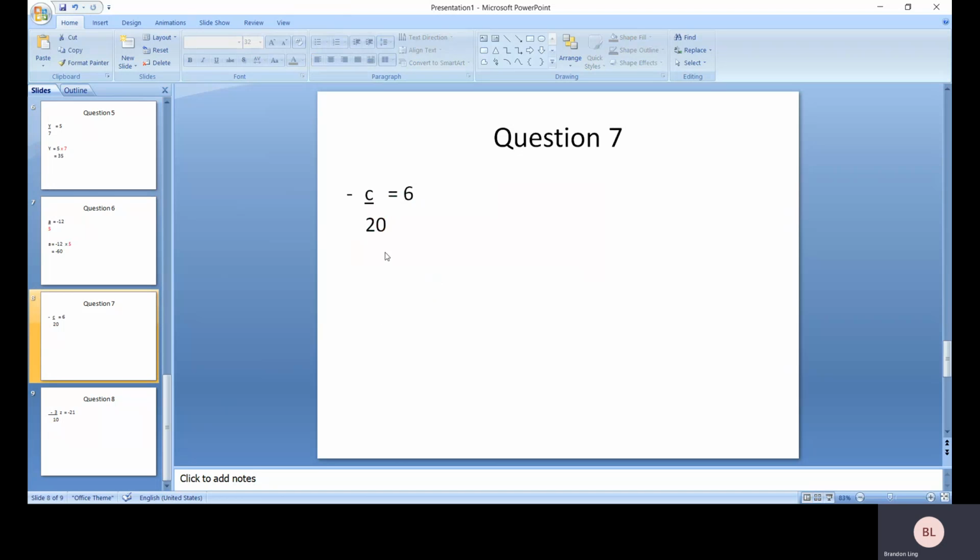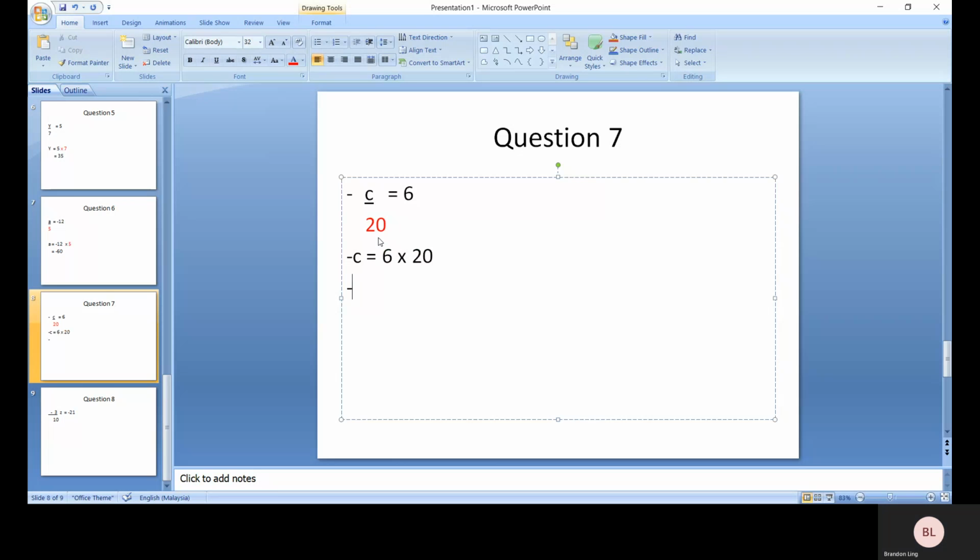Okay, question 7. Here you have negative c over 20 equals 6. First you can move this 20 to the other side. You get negative c equals 6 times 20, so you get 120.